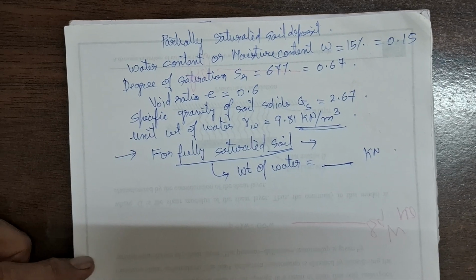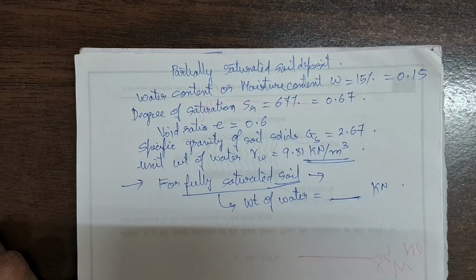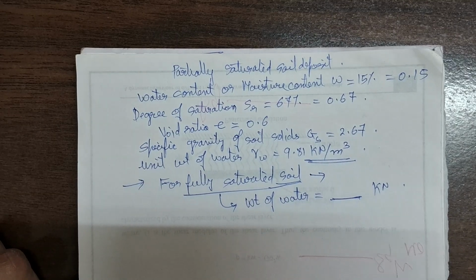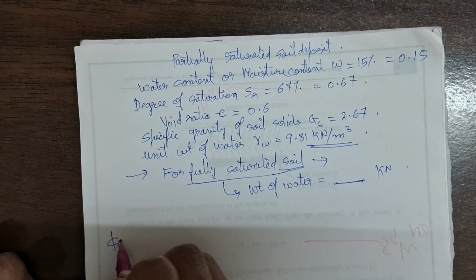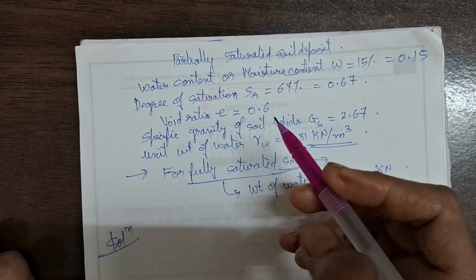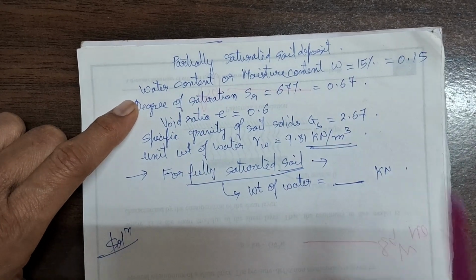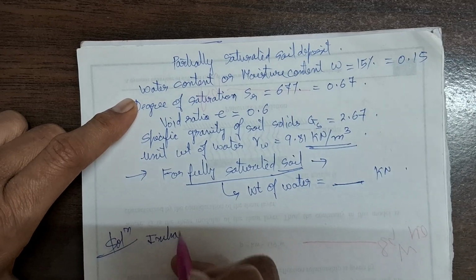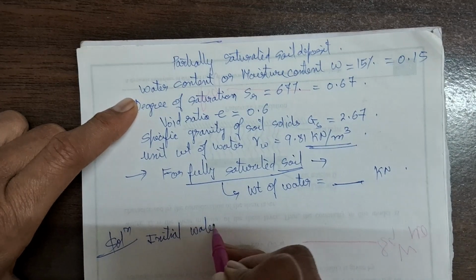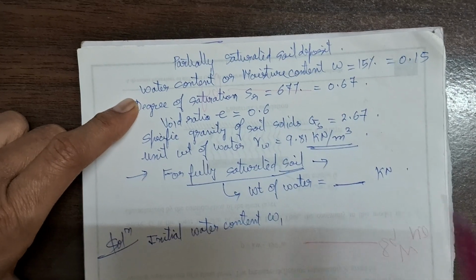So this is the given data, and from this data we have to find out the weight of water in kilonewton for fully saturated soil. So let's start with solution. Here we have given this water content, which is initial water content. So let us write initial water content, denoting it as W1.